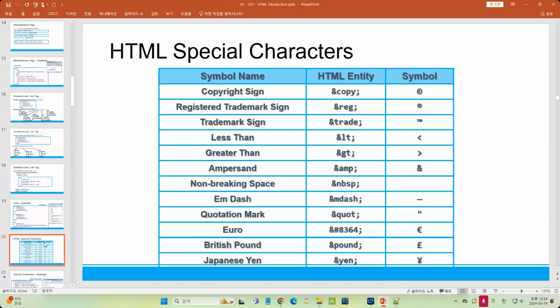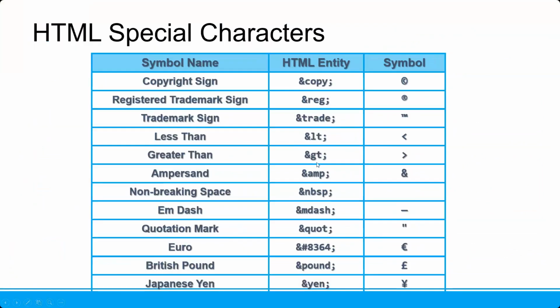If you want to create special characters, there are some special characters. Later maybe we need to make a condition. So I want to know whether the number is greater than 5. So I need to make this symbol.